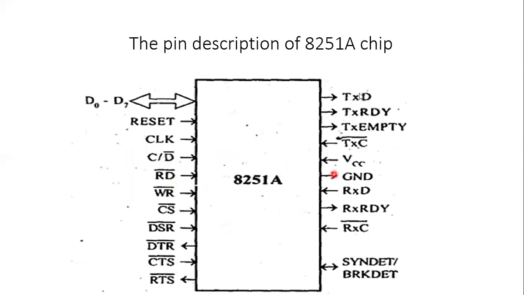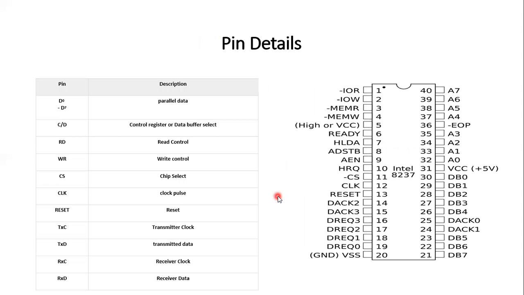This is the pinout diagram of the 8251A. So various pins are attached. The details of the pins: D0 to D7 is the parallel data. Then C/D bar is the control register or data buffer select. Then RD is the read control, WR is the write control. Then CS is the chip select. Then CLK is the clock. Then reset, so pin number 13 is reset.